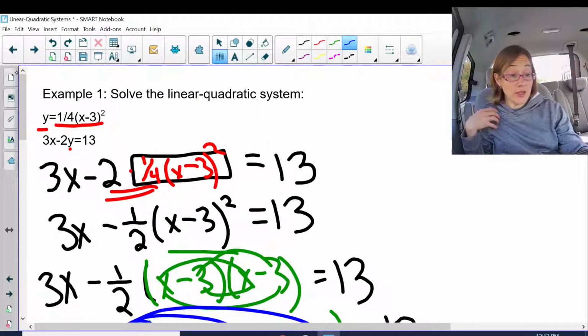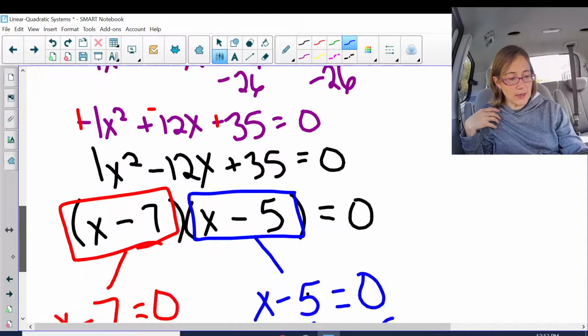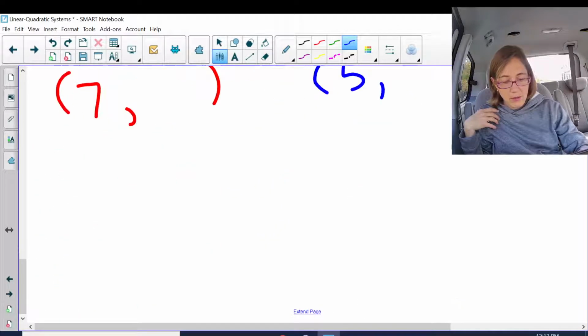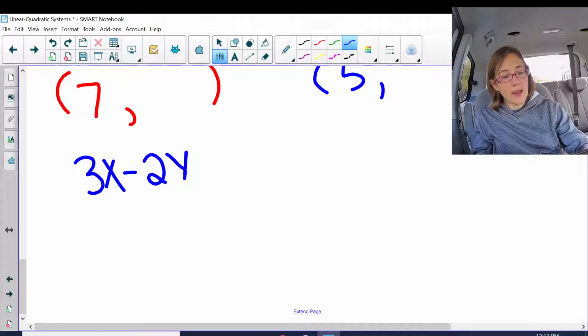I think I would rather use the linear one. So 3x minus 2y equals 13. So let me bring that down here. 3x minus 2y equals 13. So if we plug the 7 in, so I'm going to put the 7 right here.